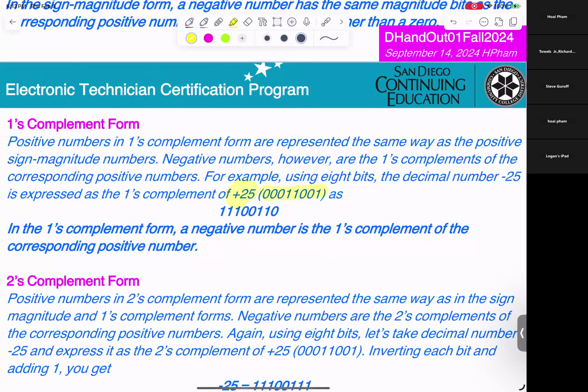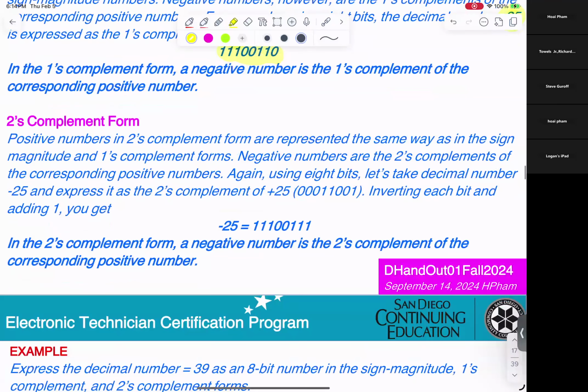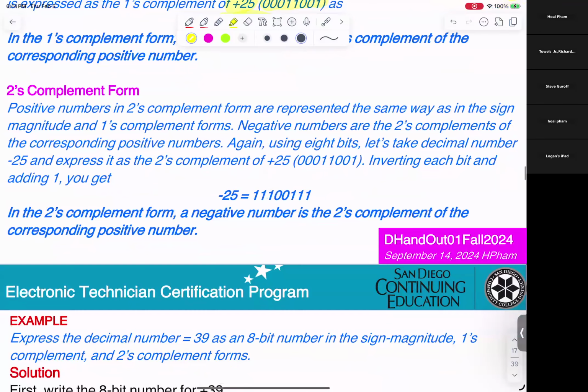Using 8 bits, the decimal number minus 25. You get a plus 25, then change it to this number for the first complement. And for the second complement, same thing. But we're not going into that anymore.